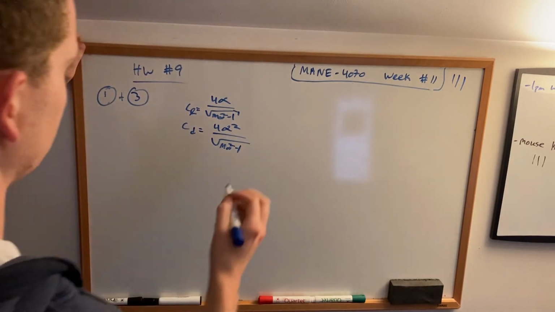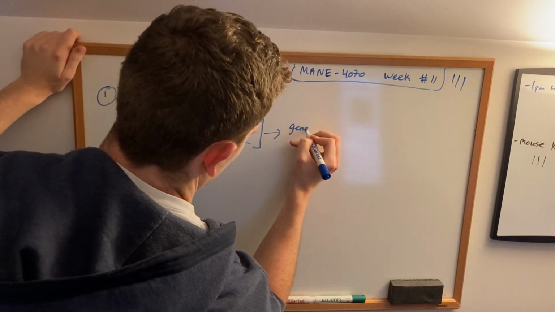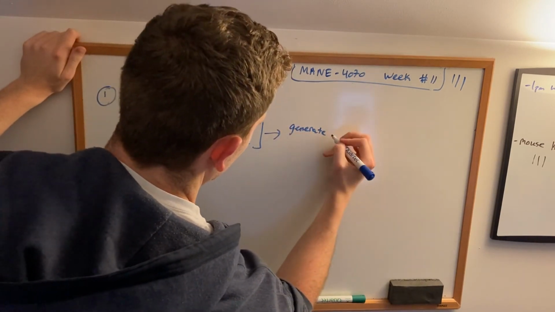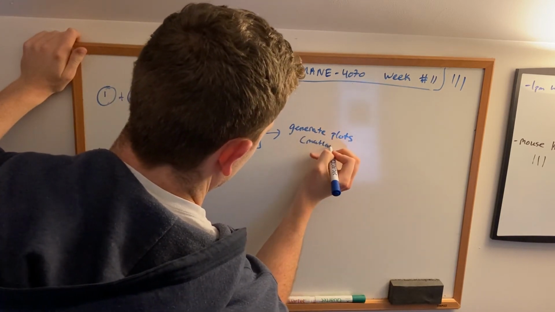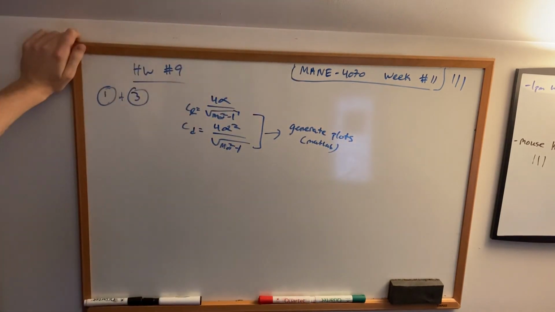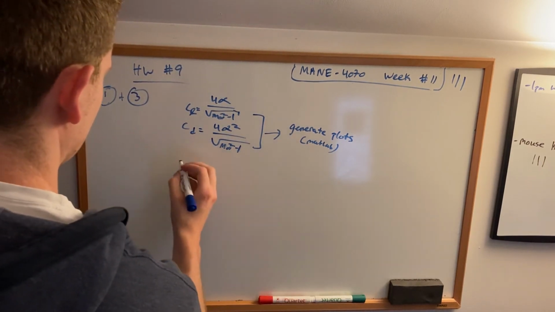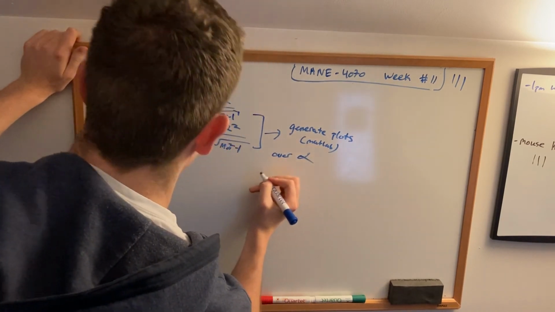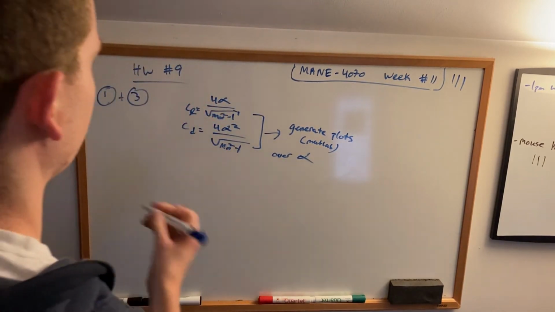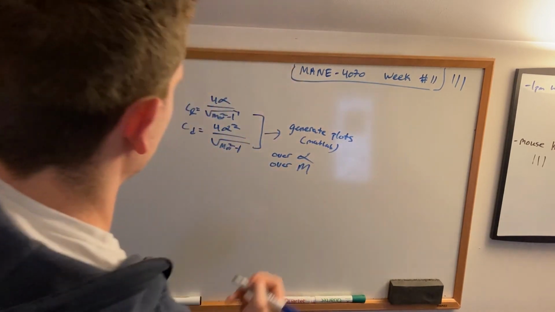For both these problems, they're fairly similar ideas. I'm asking you to generate some plots, ideally in something like MATLAB, over some range of something. I think in problem 1, I'm asking you to do it over some range of alpha, and in problem 3, over some range of Mach number.